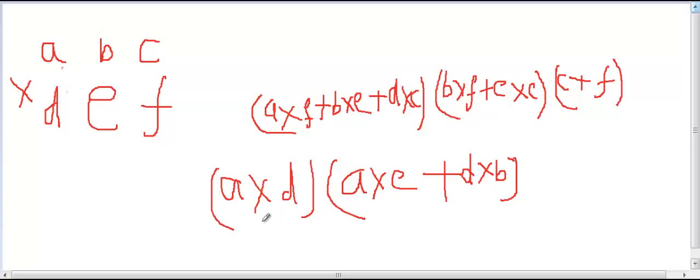Okay, so the whole answer will be, from the beginning: A into D, then A multiplied by E plus D multiplied by B, then A multiplied by F plus B multiplied by E plus D multiplied by C, then B multiplied by F plus E multiplied by C, then C multiplied by F.